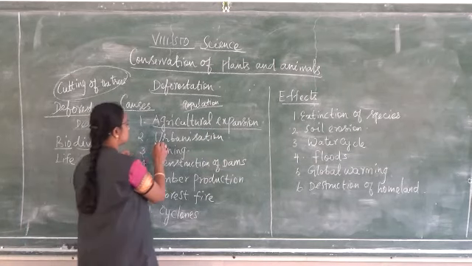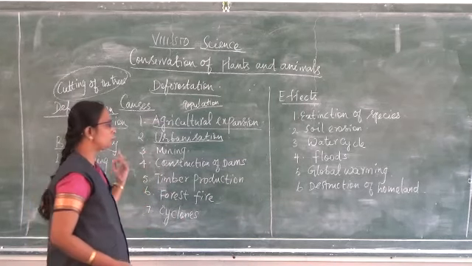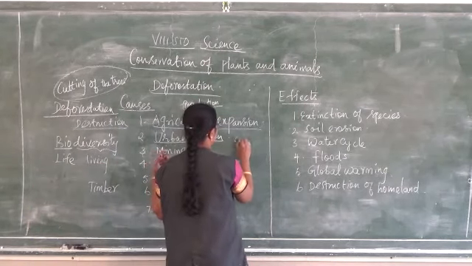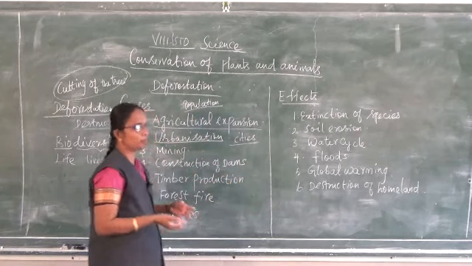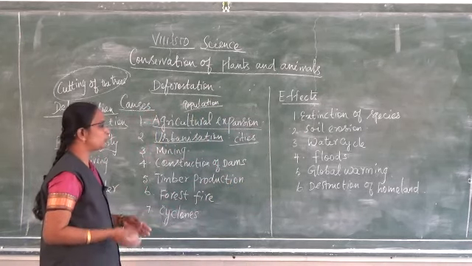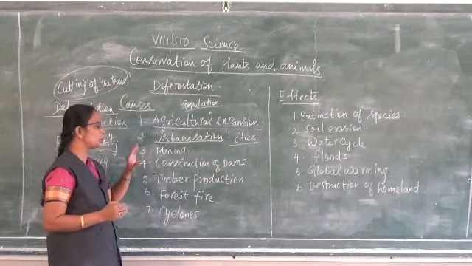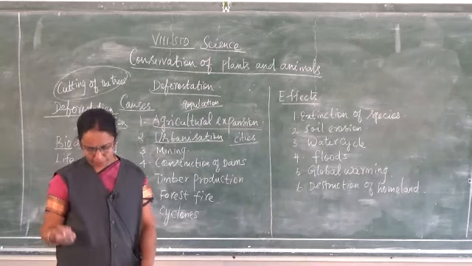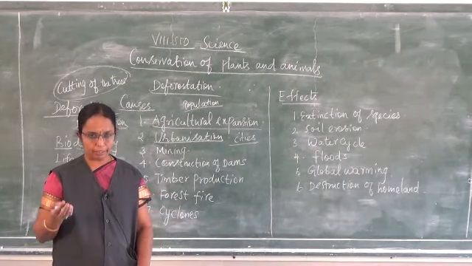Next, urbanization. The people are moving from the village towards the cities. So in order to give space for the people, we are abolishing the forest and giving land for occupation. So urbanization, expansion of the cities, more land is occupied by the people.